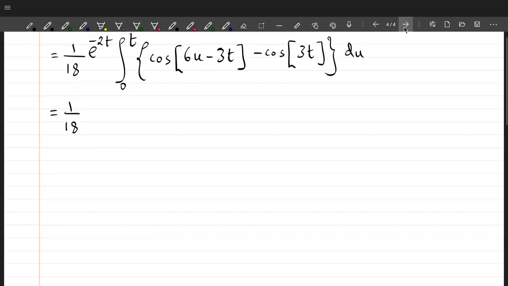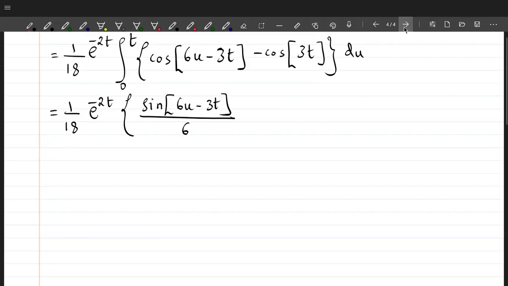We get 1 by 18 into e power minus 2t into, what is integration of cosine term? Integration of cosine term is sine of 6u minus 3t divided by coefficient of u, which is 6 here, minus, please note here we are integrating the cosine 3t term with respect to variable u. So cosine 3t is nothing but a constant here. So you get cosine 3t into u, and for variable u, you have to put the limits from 0 to t.